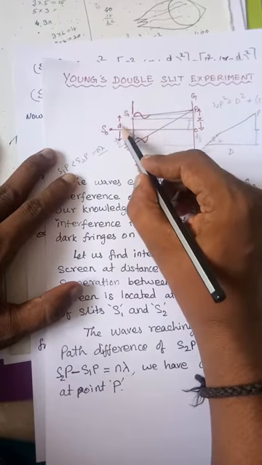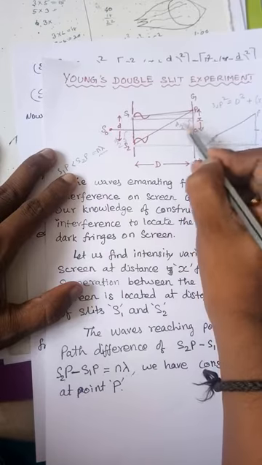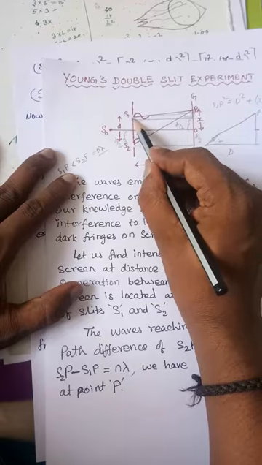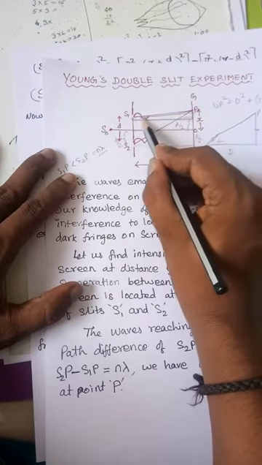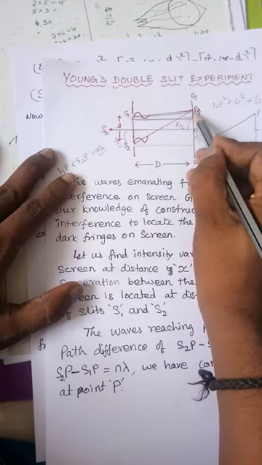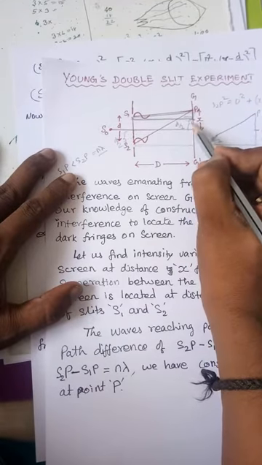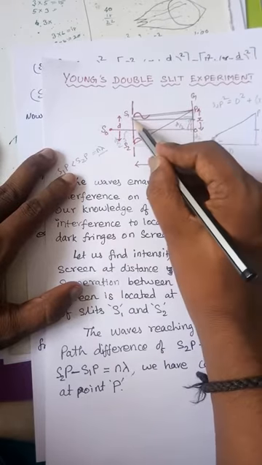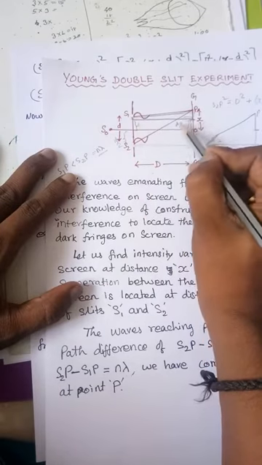This amount of value is nothing but d by 2. So we can write x minus d by 2, because from this triangle only we will get it. So the total value is x, and you want to remove this value up to here, which is d by 2. So x minus d by 2.